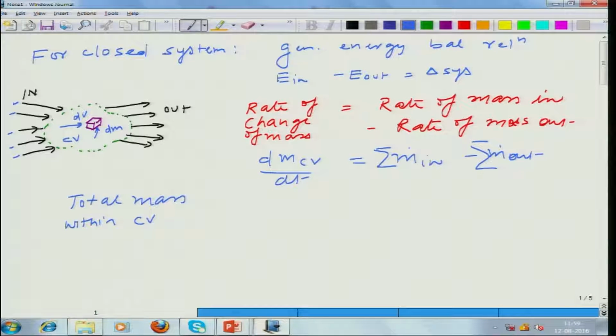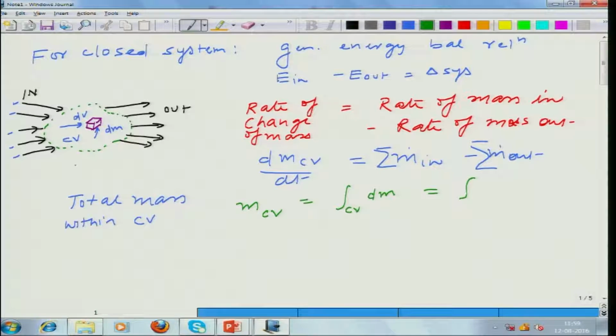So we can write the total mass as a simple integral of this small box over the control volume, which means integrating dm over the CV. This can be rewritten in terms of density and volume.